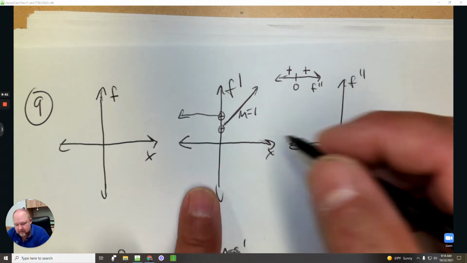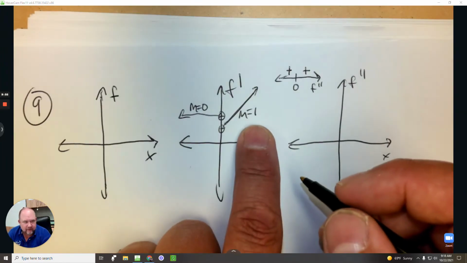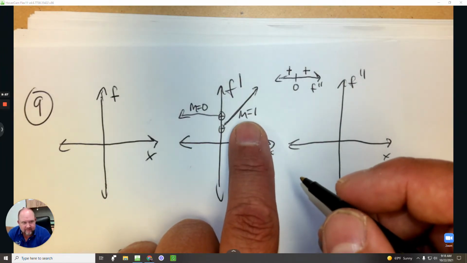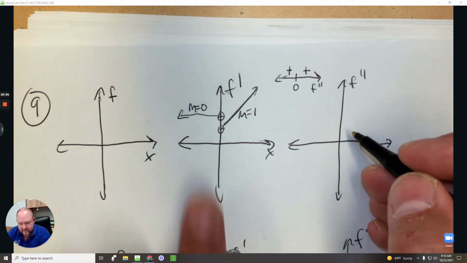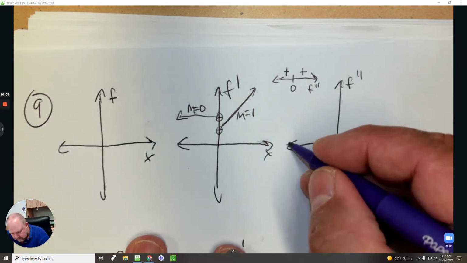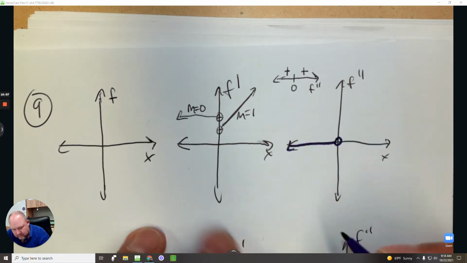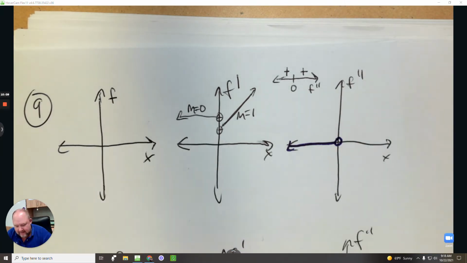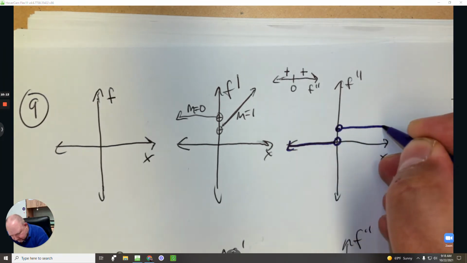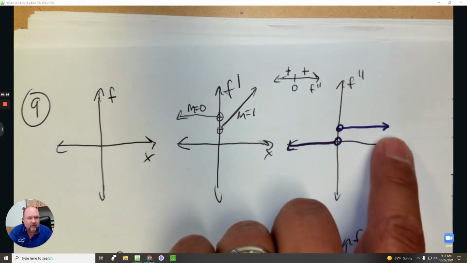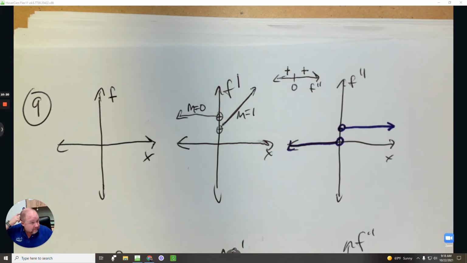Now the slope here on the left is 0, and the slope here is +1, and both are above. So when I look at the second derivative, we're going to draw 0 for the slope. And then when we get here to 0, it's a hole because it's undefined. And then after 0, it's going to be positive 1. And so we showed the slope is positive 1, and we showed the slope is 0.